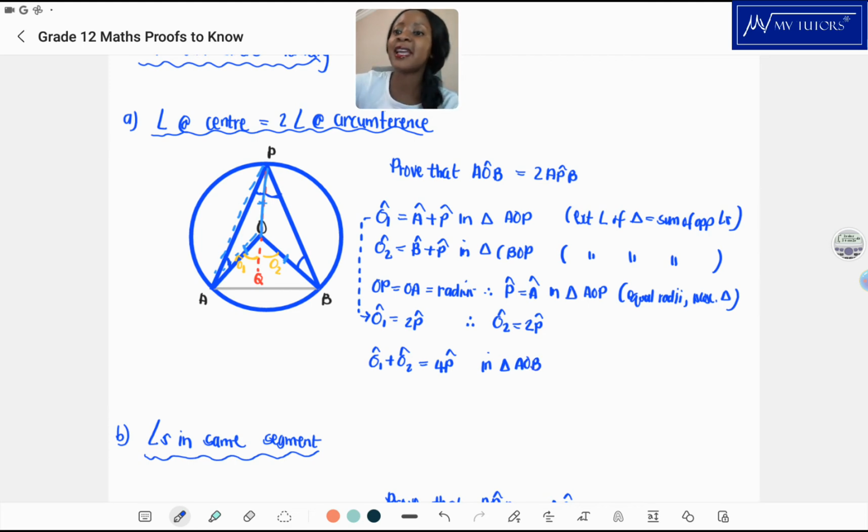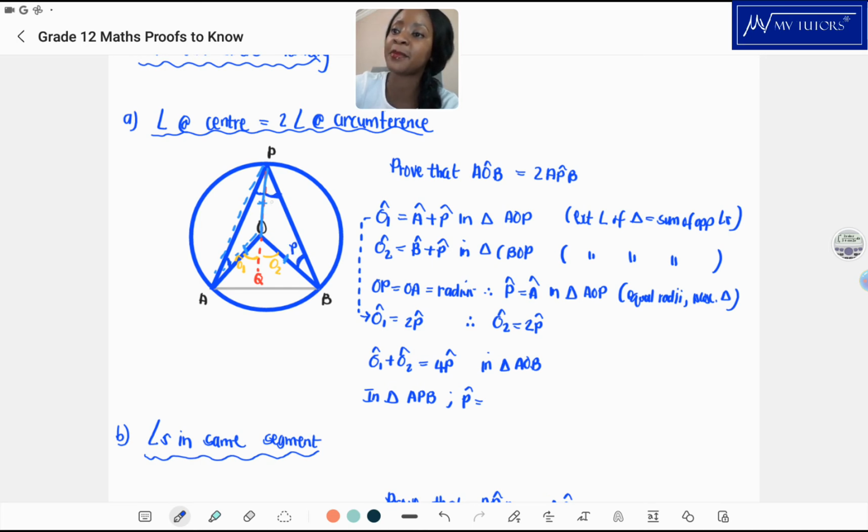And then I could say that in triangle APB, P is actually equal to 2P, because remember I said P is equal to B here.